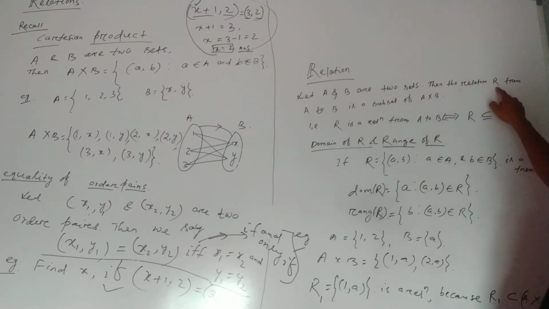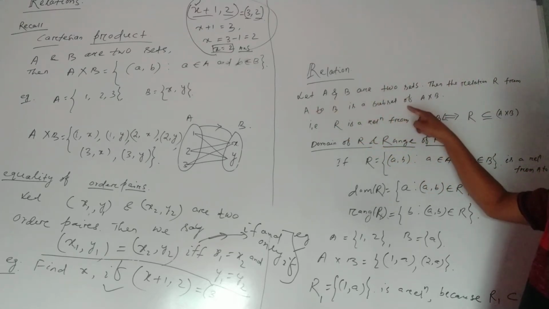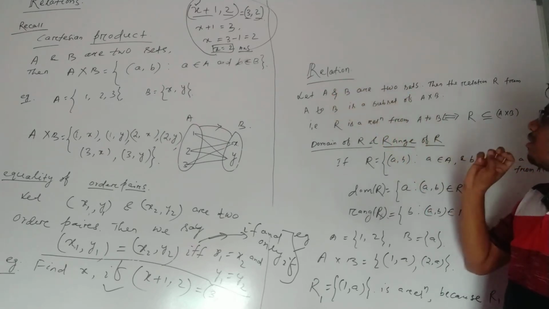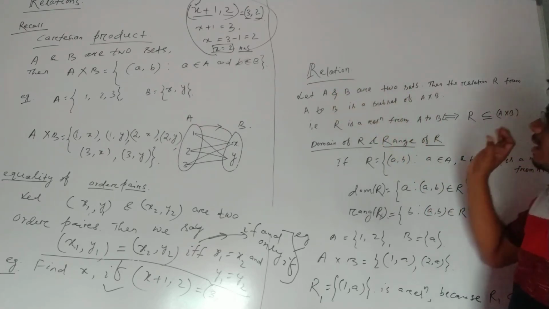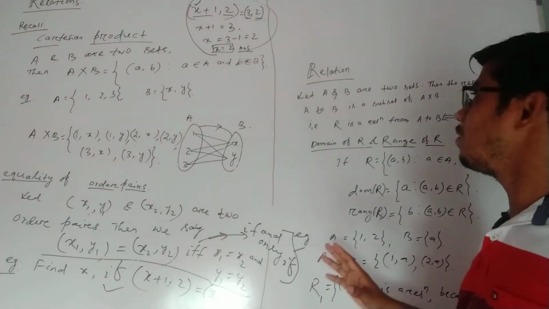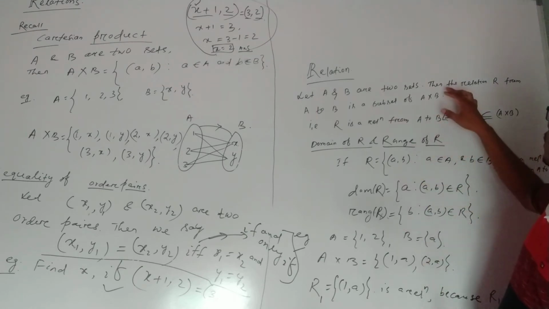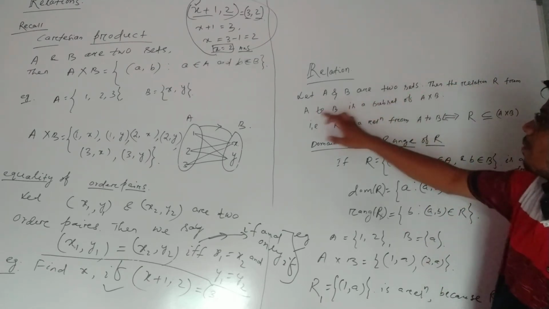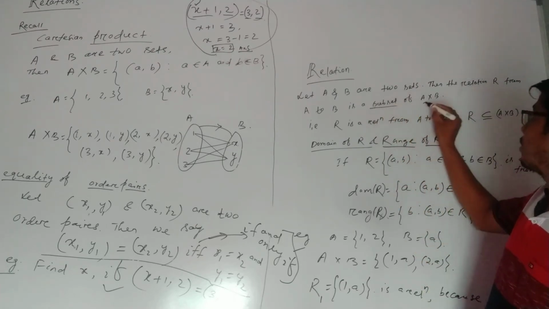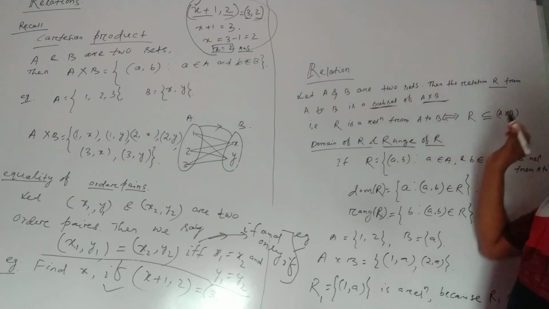Then a relation R from A to B is a subset of A cross B. This is the most important point.